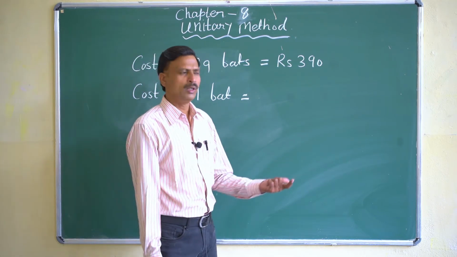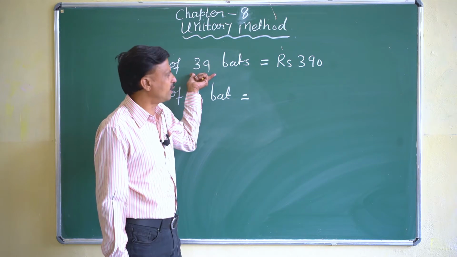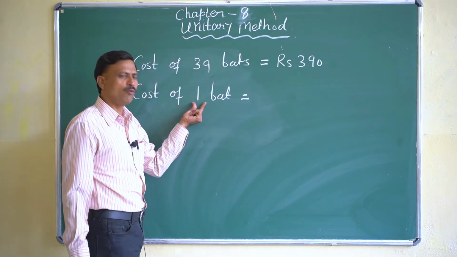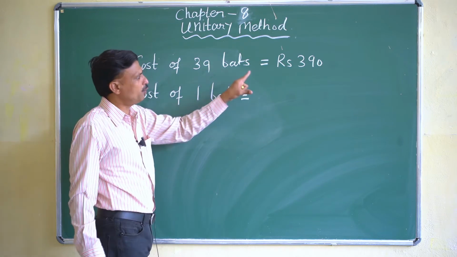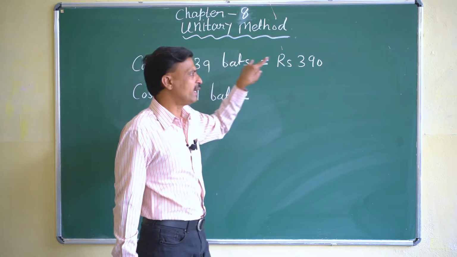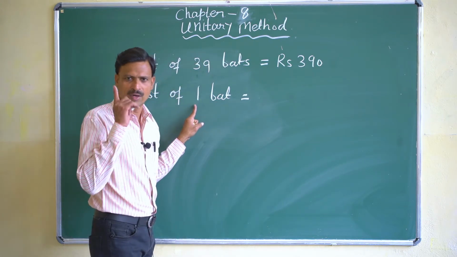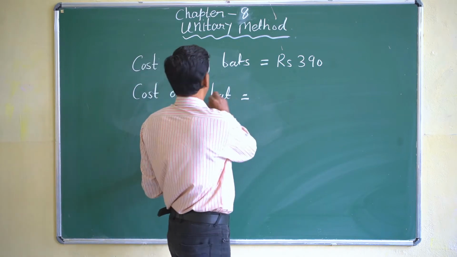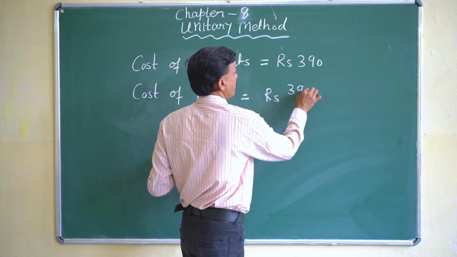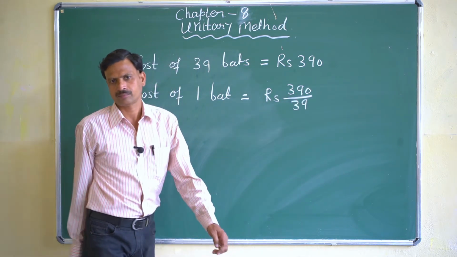As I told you, here the value of more than 1 is given, so we will divide. 390 will be divided by 39, because we want to find the value of 1.